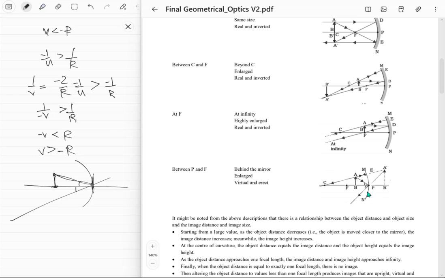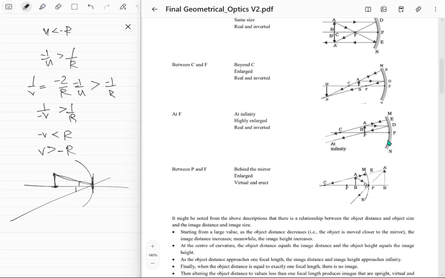Between P and F, it starts becoming virtual. Between P and F, this becomes enlarged, virtual, and erect. So, when it was at the focus, these diverging rays, this mirror could converge enough such that they would become parallel. But now when it's at a distance smaller than the focus, these are so much more diverging that the mirror just cannot make them parallel.